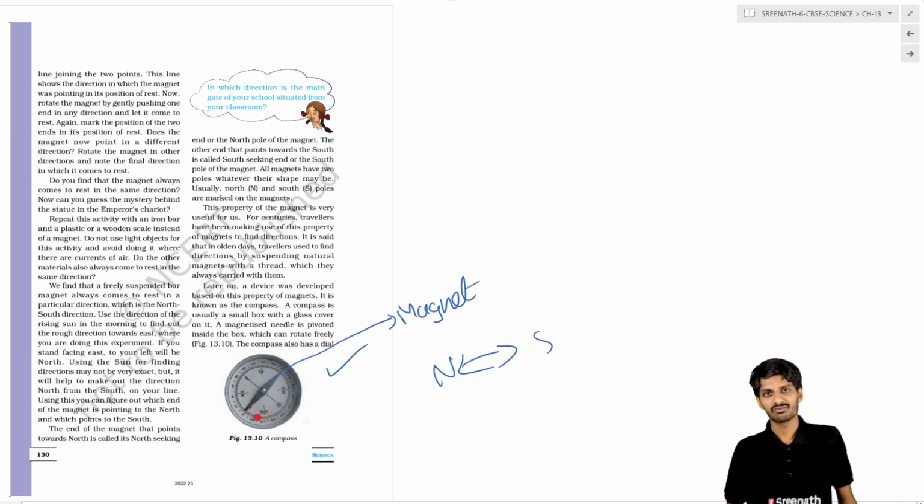Once you know the north and south directions, then you can easily find the east and west directions. So by using this compass you can find the directions. Basically the passengers who are traveling in the sea and in the air use this compass to know the directions.